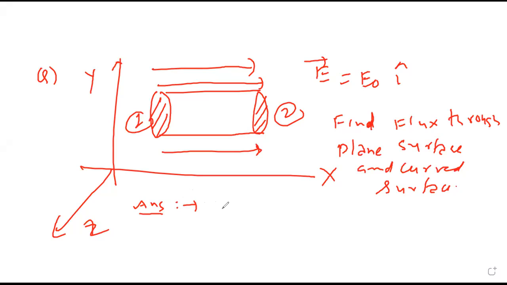So flux phi 1 will be equal to E A, and the area vector will always be perpendicular to the surface. So what is the angle between E and the area vector? 180.